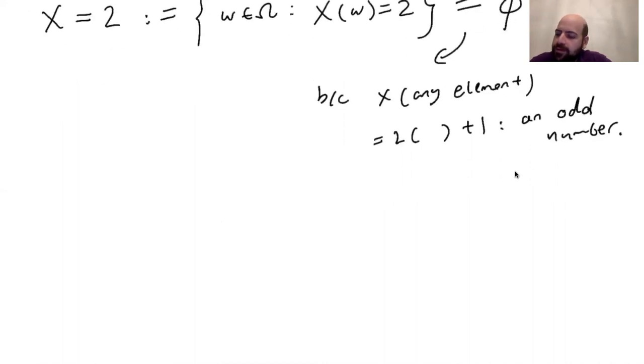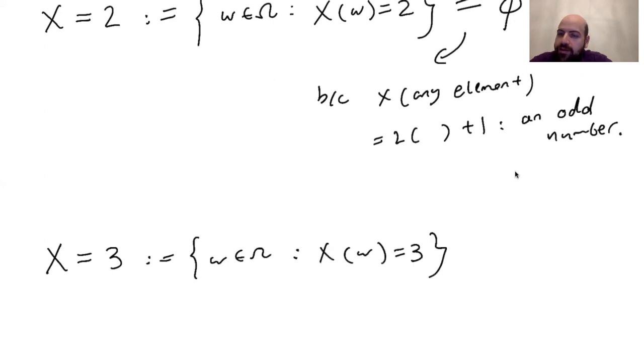What about capital X equals 3, let's say? Capital X equals 3 is the set of all omega in omega such that capital X of omega is 3. Now, capital X of which elements are 3? The output of capital X is 2 times the number of heads plus 1.